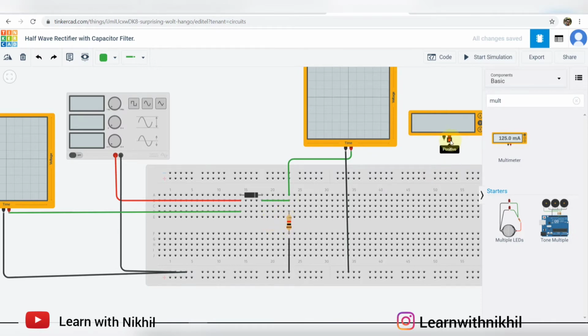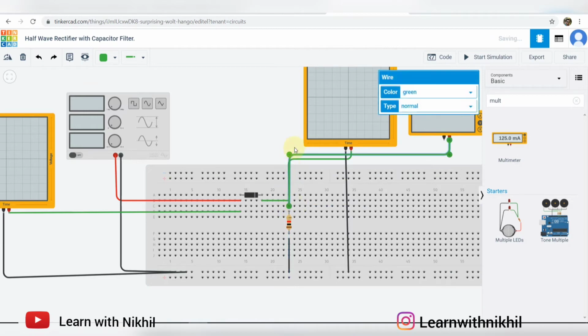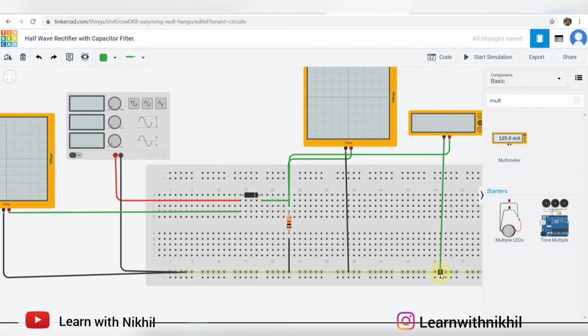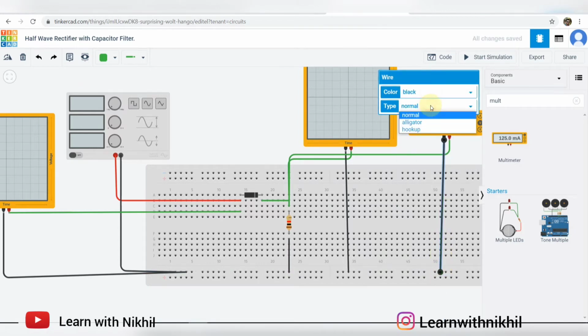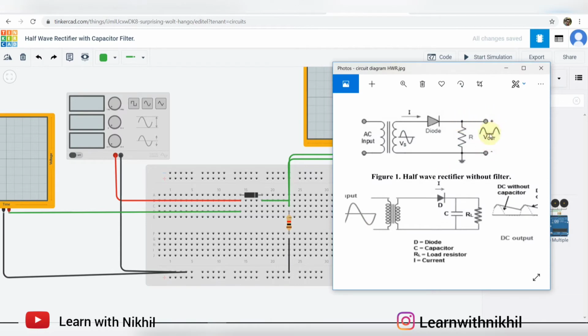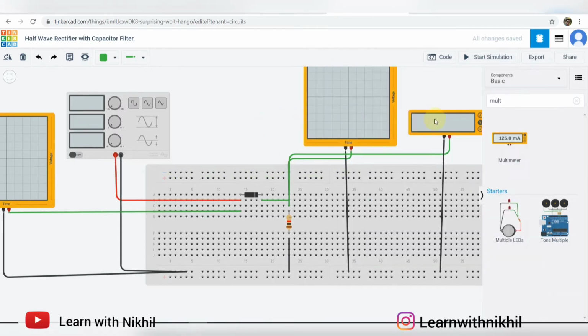This is the positive terminal, and the negative terminal I'll connect to ground. Now you can directly measure the output across the resistor.